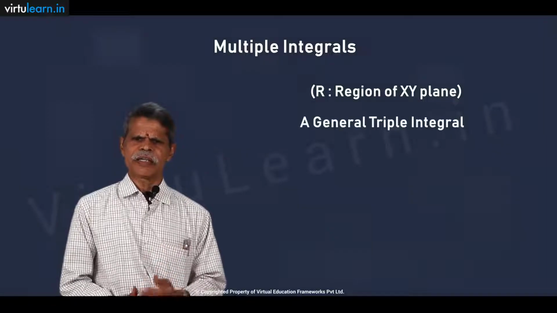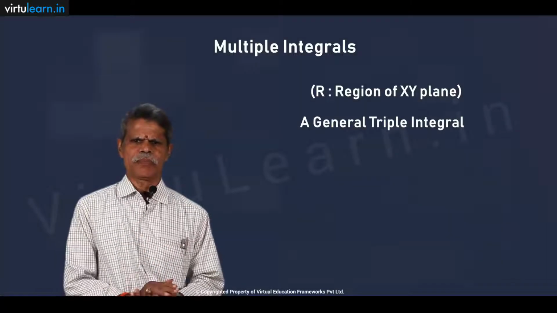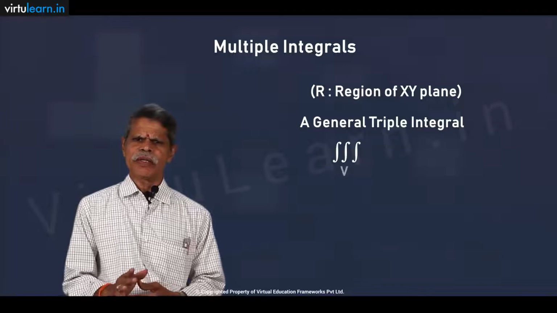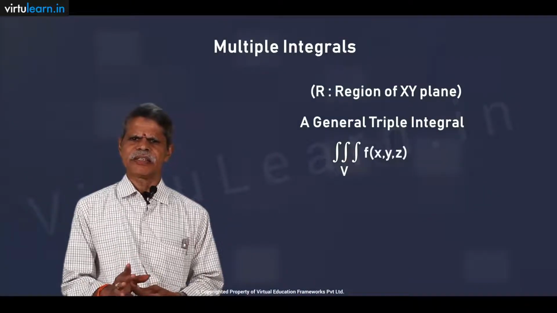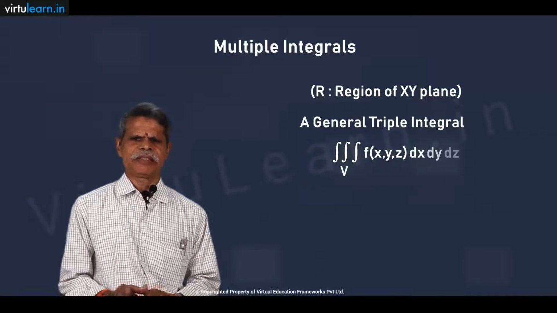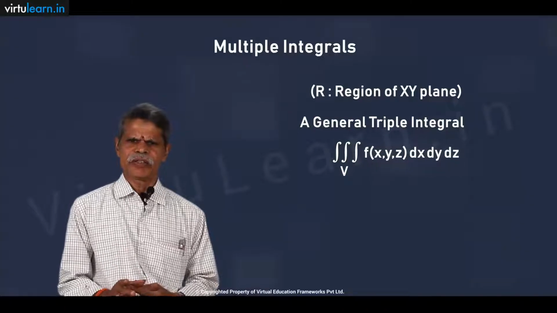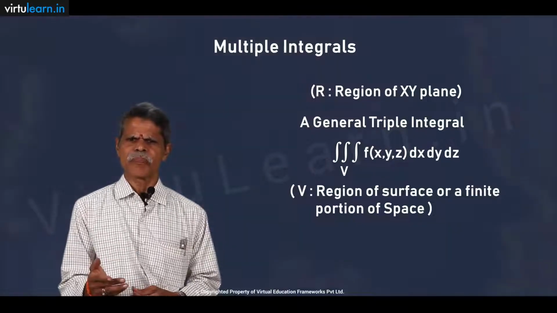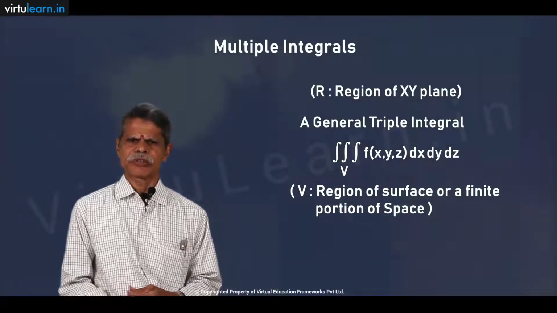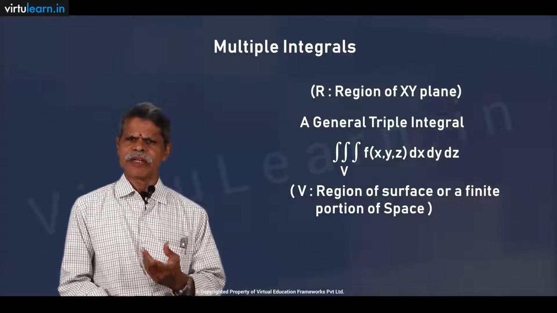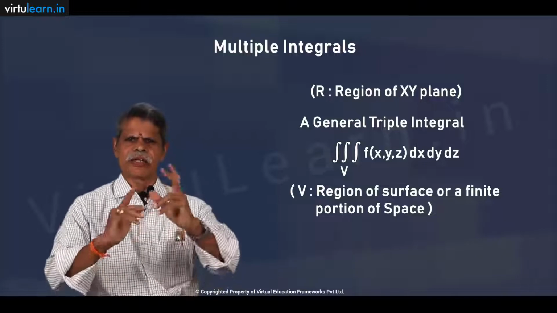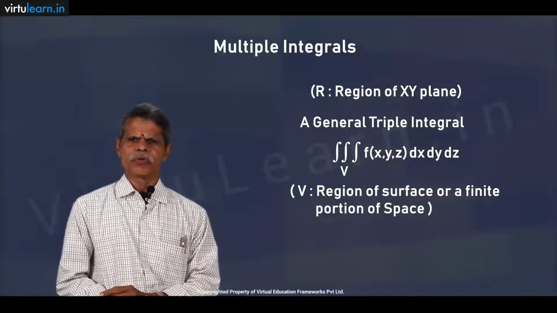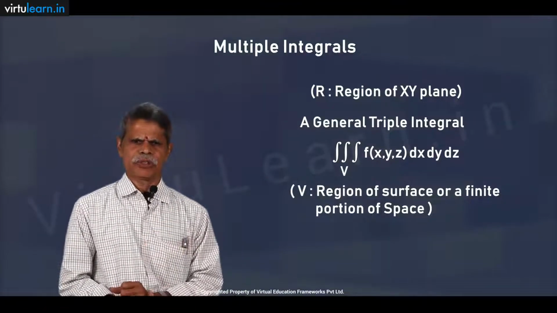Then what is the general representation for a triple integral? Triple integral over V, f of xyz dx dy dz. What is V here? V is a region of space or a finite portion of space. To evaluate these integrals, as mentioned already, we need limits for the variables.